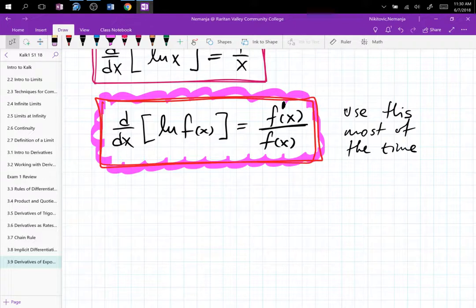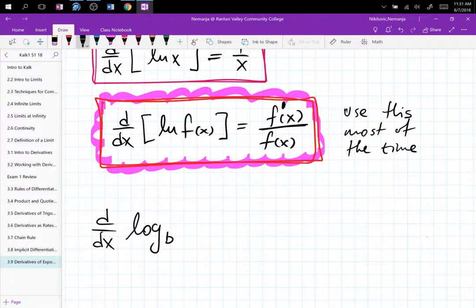So now, I'm going to write the most general case. And the most general case for this derivative would be any base. Remember that ln is base e, right? So now I want to write the most general case of the derivative of log base b of f of x. So now your base is not e any longer, could be anything else, and then your function, again, is any function. So we are going to have the same thing, and then we are also going to have ln b.